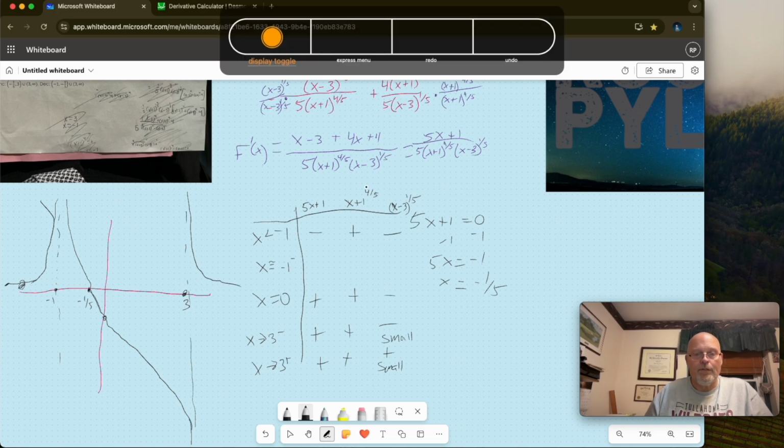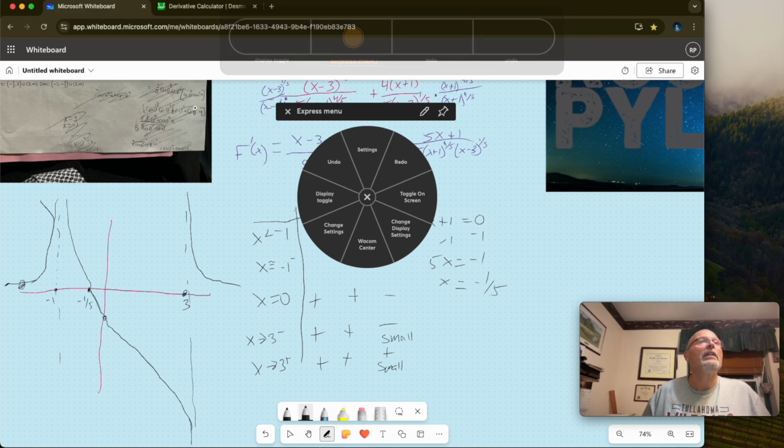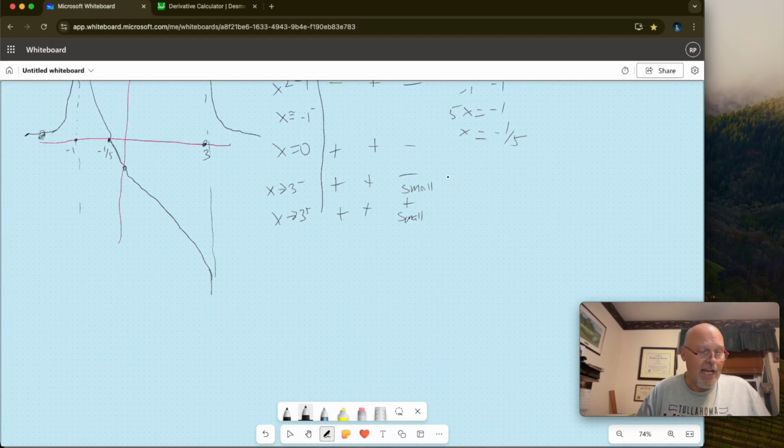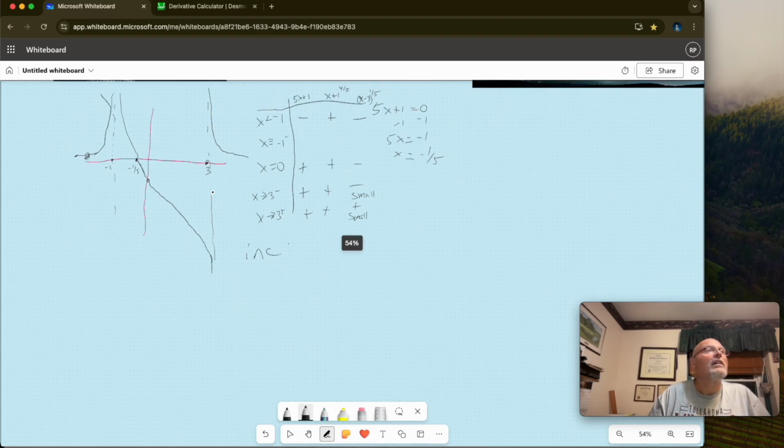So now, in order to turn that into the regions that we're supposed to have, the increasing regions are from negative infinity, where it'll have a positive slope, to negative 1/5.